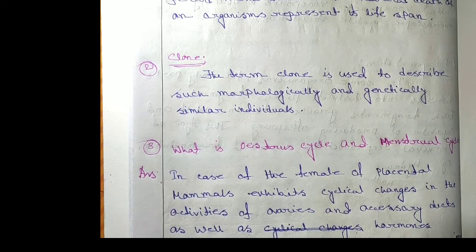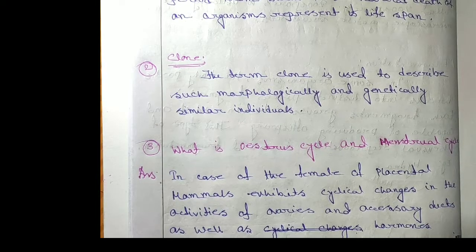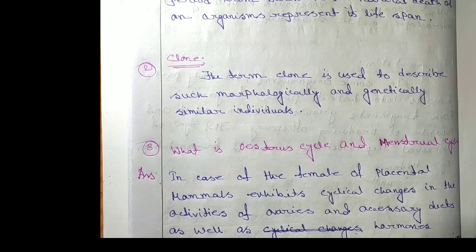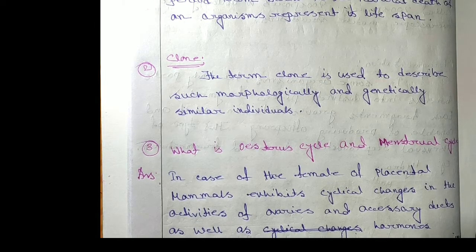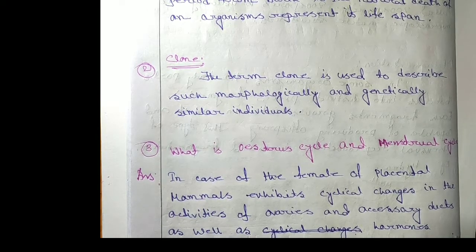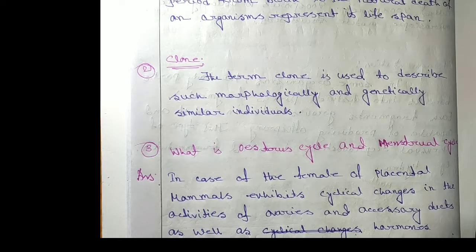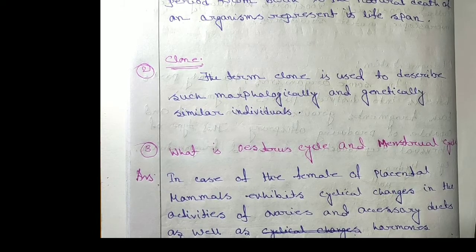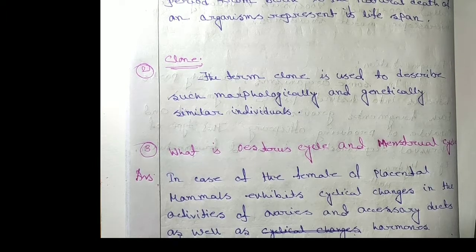Morphologically means the individuals are externally or structurally similar to see, and genetically means the individuals are internally similar. Individuals that are morphologically and genetically similar are known as clones. We find clones in asexual reproduction. In asexual reproduction, the new individuals or offspring are exact clone copies of their parents.